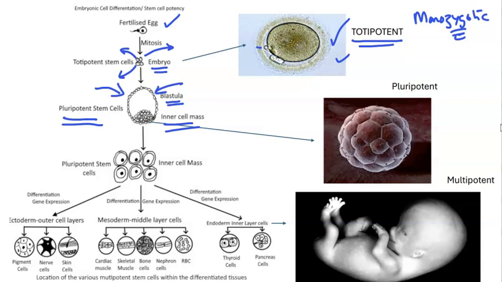Now any of these cells here have retained the ability to form any of the embryonic membranes, such as the amnion or the placenta itself. So above my lines here, any of these can form any of those tissues, and they all retain the capacity to do that. What they can't do is what the inner cell mass cells can do, and that is to form the actual embryo itself, the fetus and the individual.